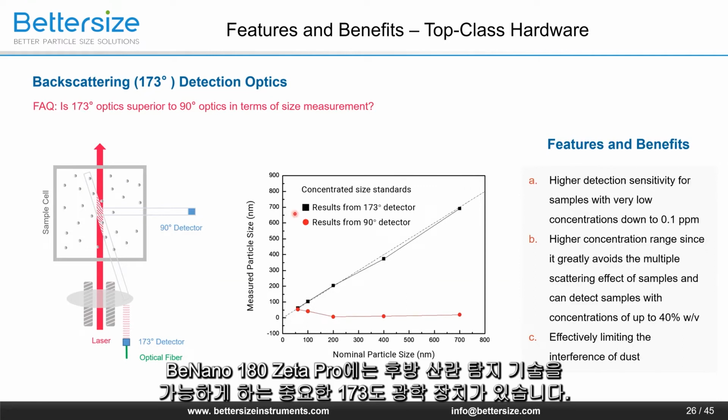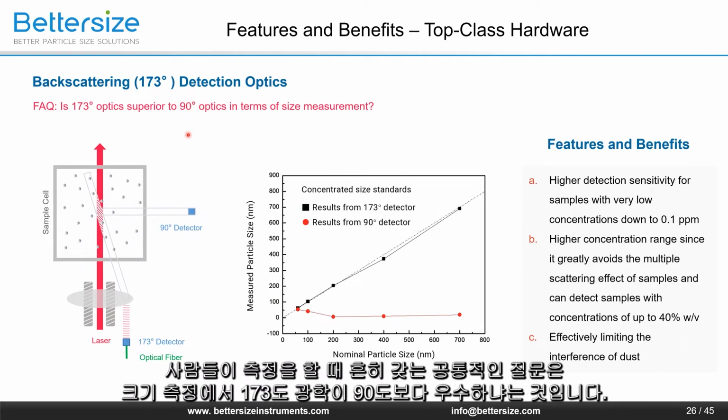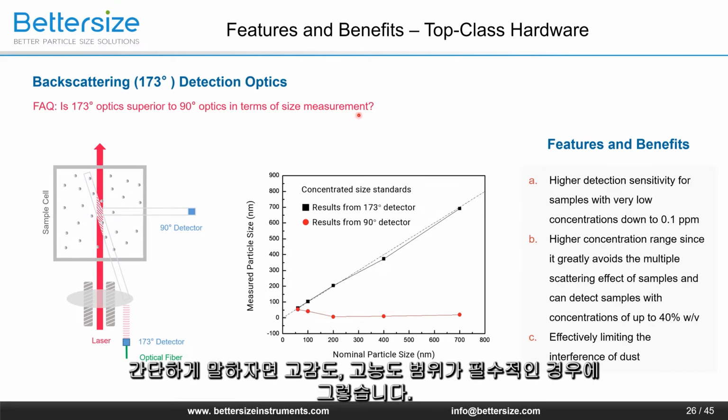There is an important 173-degree optics in the BeNano 180 Zeta Pro to enable backscattering detection technology. A common question that people usually have when they are conducting measurements is: is 173-degree optics superior to 90-degree optics in terms of the size measurement? The simple answer will be yes, in the cases where high sensitivity and high concentration range is essential.